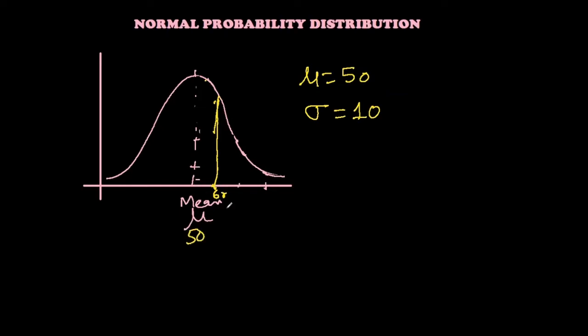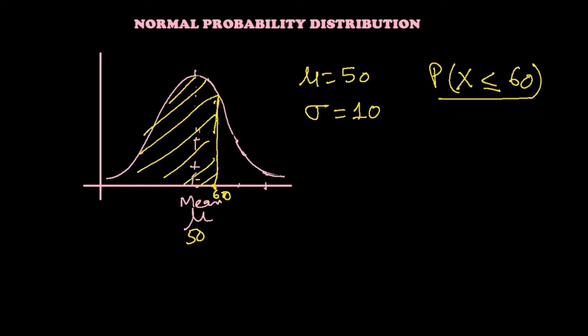So I want to find the probability that x, the variable, is less than or equal to 60. What it means is that I want to find the area under the curve which is less than 60 here. This will be the sum of all the probabilities. We know that the probability up to 50 is 0.5, right? The only challenge is to find this particular area.